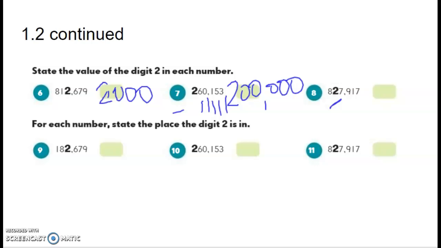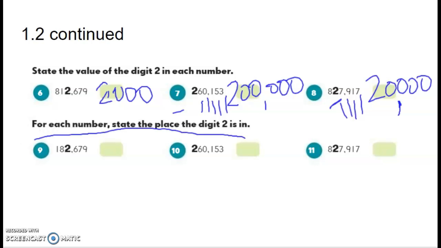Here we have the 2 here. I see 1, 2, 3 to put my comma in the right spot. So the value is 20,000 because it's in the 10,000s place, and 2 10,000s is 20,000. Now it says for each number, state the place the digit 2 is in.